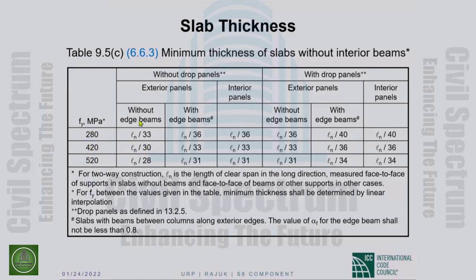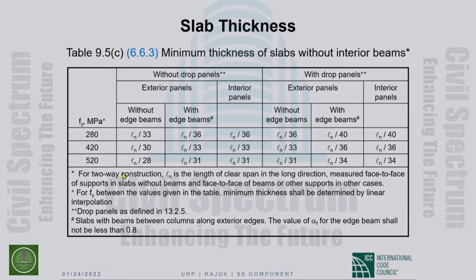So a flat plate does not have column line beams, but you can have edge beams, okay, perpendicular to the column line. So that is permitted. It used to be more common than it is today, but anyway. So without edge beam, this is the pure flat plate, no beams of any kind.